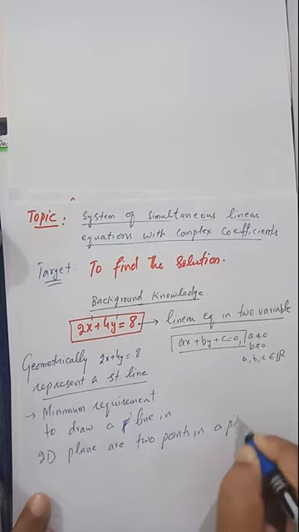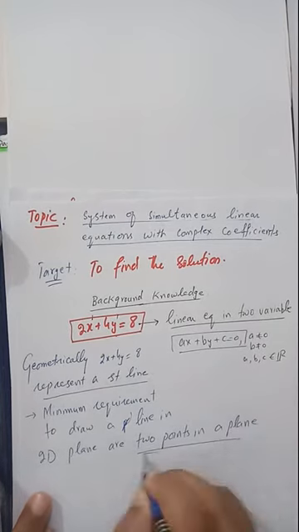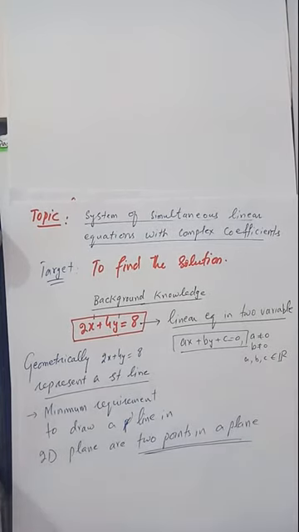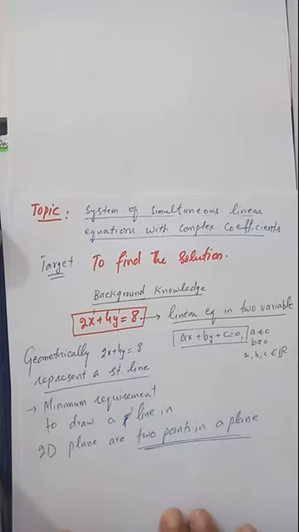You need to plot 2 points in a plane, then join those 2 points and extend that line segment in both directions, so you will get a line.